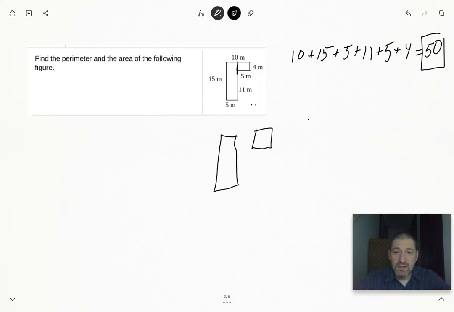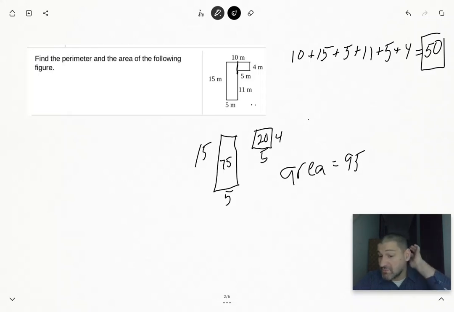On the left side, we have a rectangle that is 5 by 15, and on the right side, we have a rectangle that is 5 by 4. That would be 20, and 5 times 15 would be 75. So our total area in this case would be 75 plus 20, or 95.